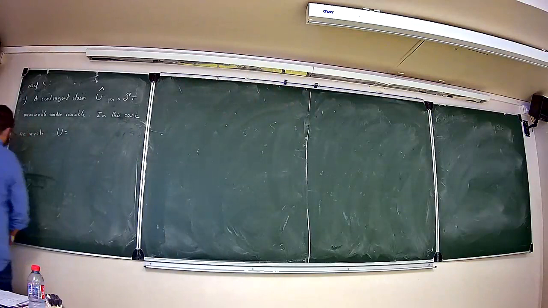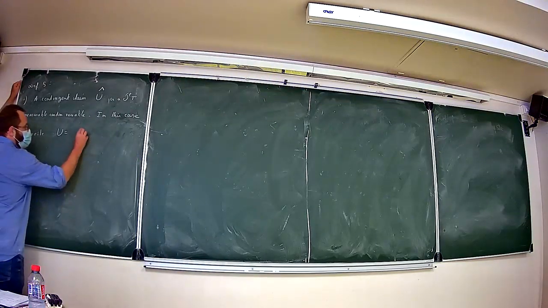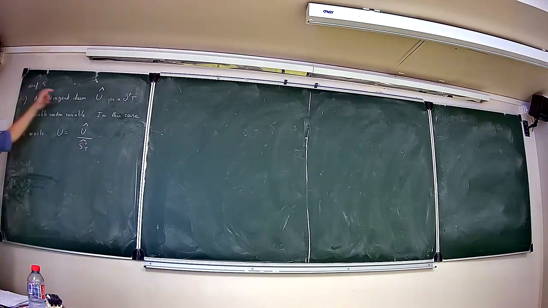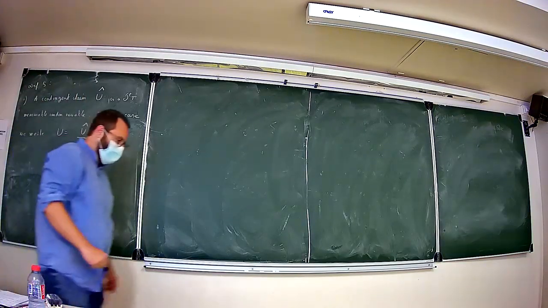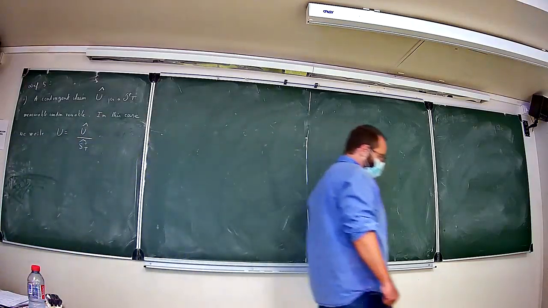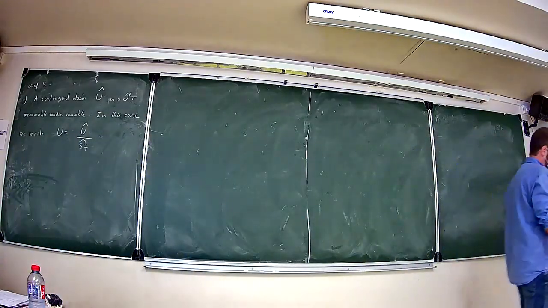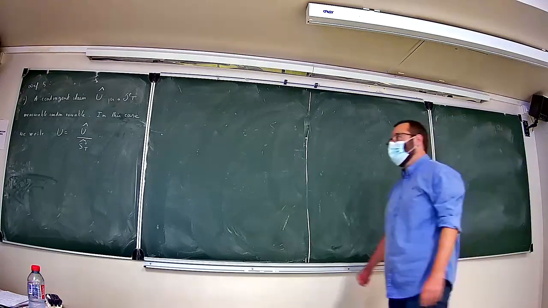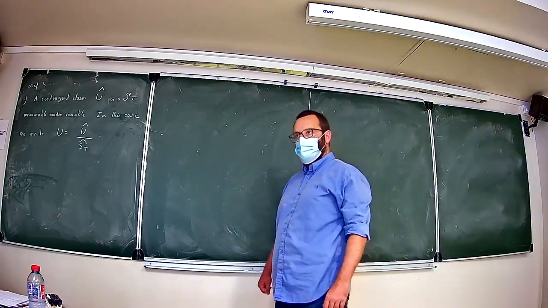So what I will denote by U will be U tilde divided by S^0_T. Because intuitively this random variable being F_T measurable is something that lies at capital T.